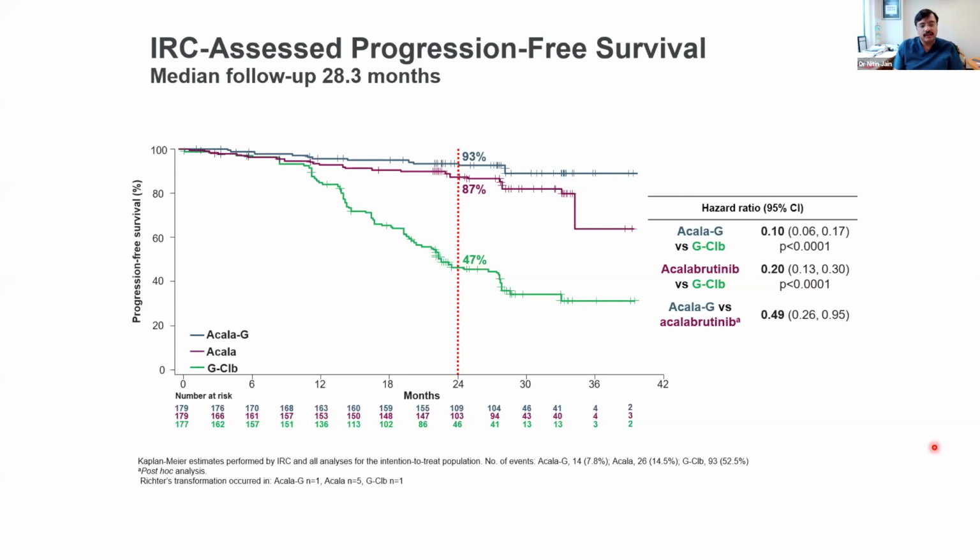So really, acalabrutinib is doing fantastic here. And there appears to be a small improvement of adding obinutuzumab to acalabrutinib, but whether that small difference of 6% PFS at the 2-year mark will continue to be maintained with a longer follow-up remains to be seen. But at least the data looks very nice in favor of acalabrutinib versus chlorambucil.